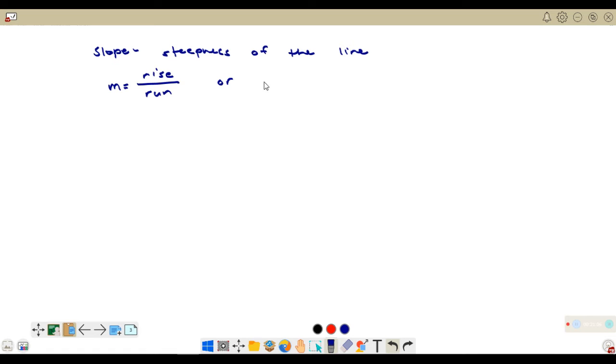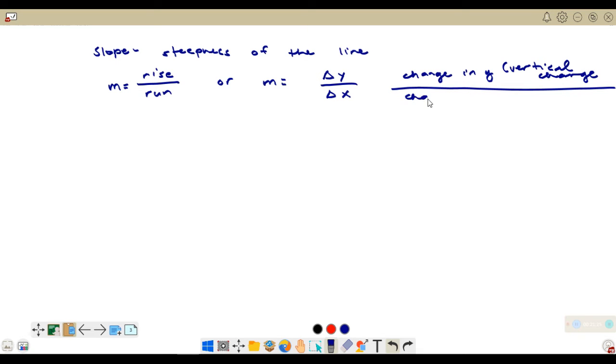Or, it is about the change in y over the change in x. So, change in y, or the vertical change, over the change in x, or the horizontal change.